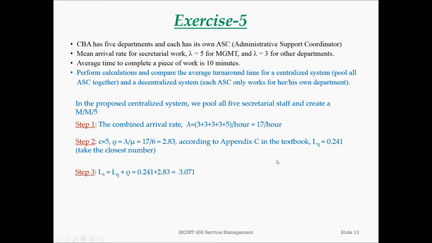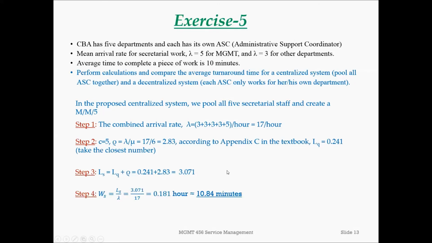We move to step 3. Now with LQ, we can calculate LS, which is the average number of customers in the system. LS equals LQ plus rho. LQ is 0.241 plus rho is 2.83. You get 3.071. So this is step 3.